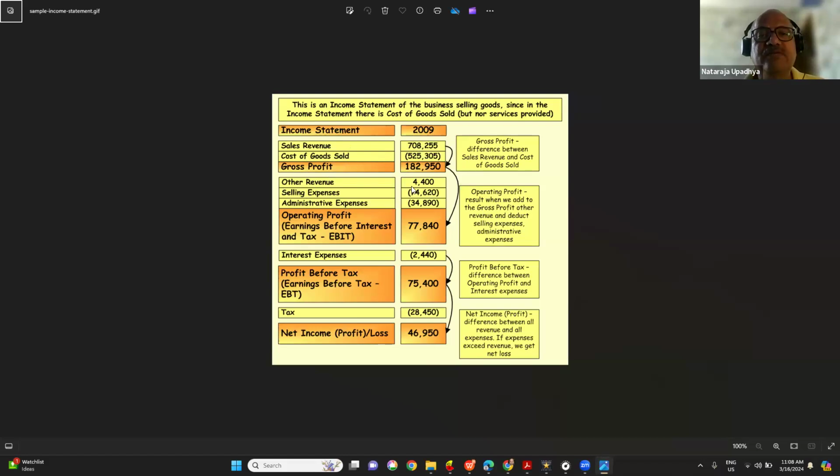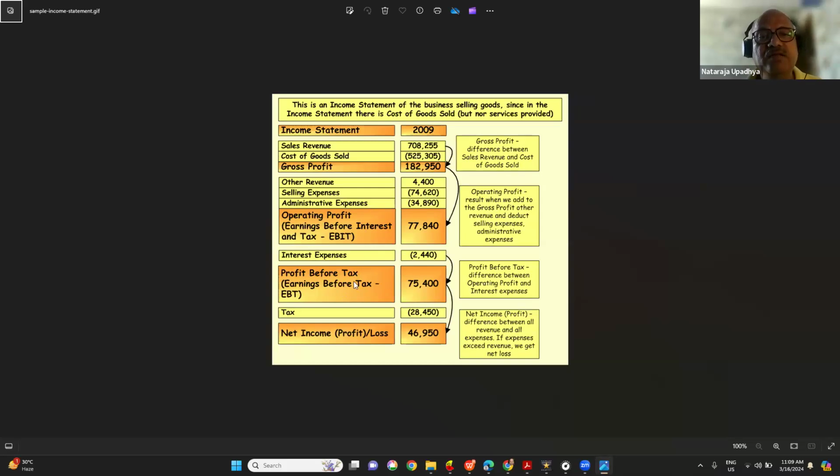But you have some other revenue, maybe you sold some erasers also, then you have some selling expenses, because of the cost of the rent, etc., at a unit level it may be 1 paisa or something, and your administrative expenses, and you get an operating profit. Then you have borrowed money to run that business, you have to pay interest, so again you have to subtract.